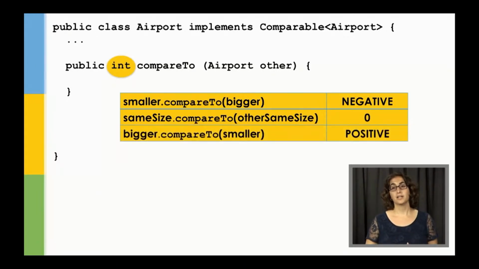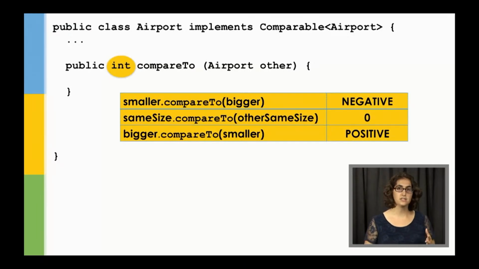And if the calling object is bigger than the other object, then we're going to return a positive number. You might think of the comparison method as something like subtraction, the calling object minus the other object. That's the reference for why these integers are returned the way they are.